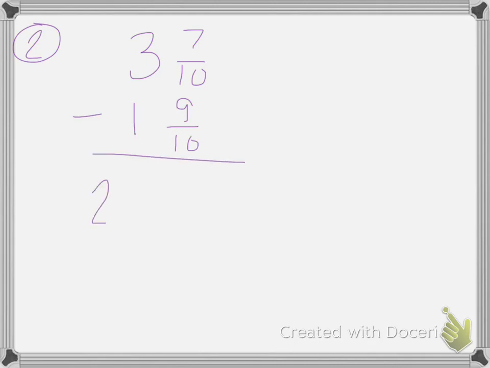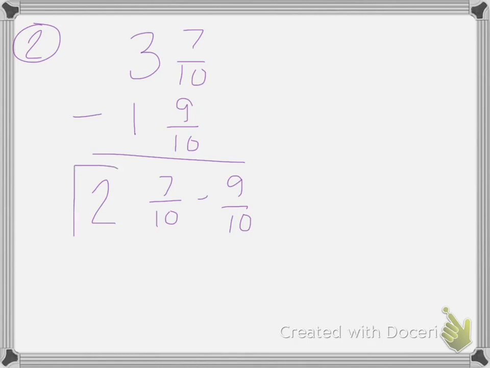For number 2, I've got 3 7/10 minus 1 9/10. So 3 minus 1, that's going to give me 2. Then I've got 7/10 minus 9/10. Well, I know if I take away here, I'm going to end up with a negative, but I've got a whole number, so I don't want to do that.